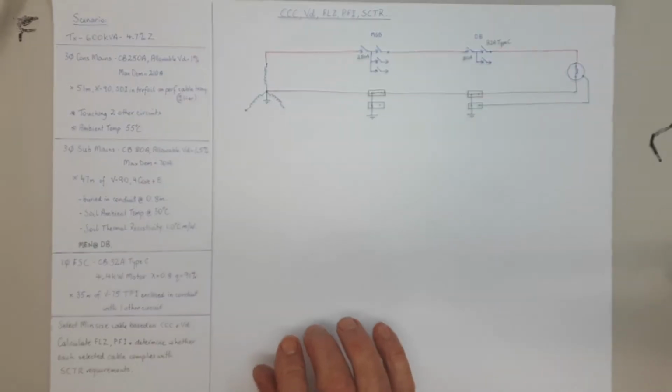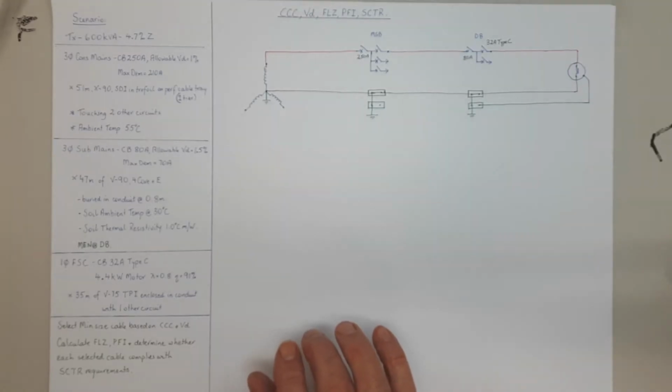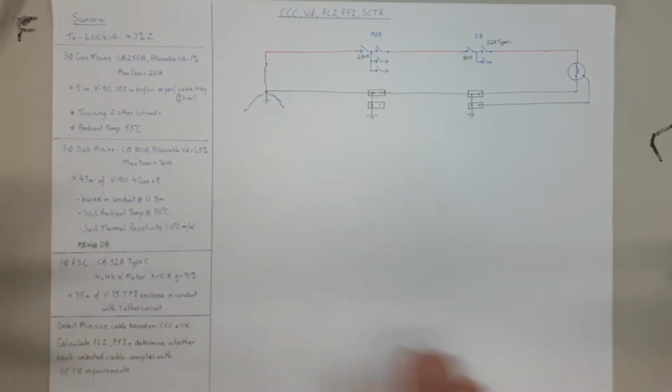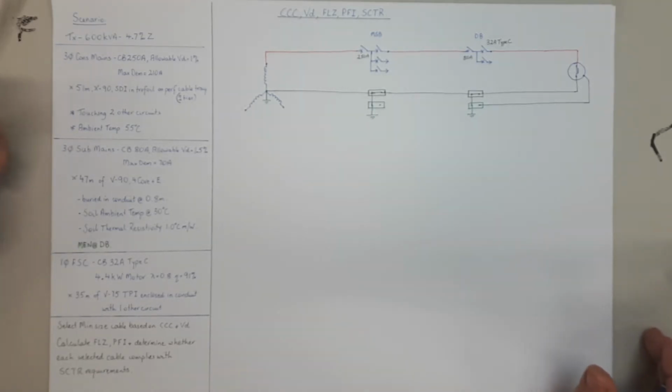So the first thing we've got to look at is the current carrying capacity of the cons mains. Now this is going to take a while to do all of this, so pause the video whenever you think it's necessary and check what I've done, because I'm going to be throwing out a lot of tables and item numbers and columns and stuff.